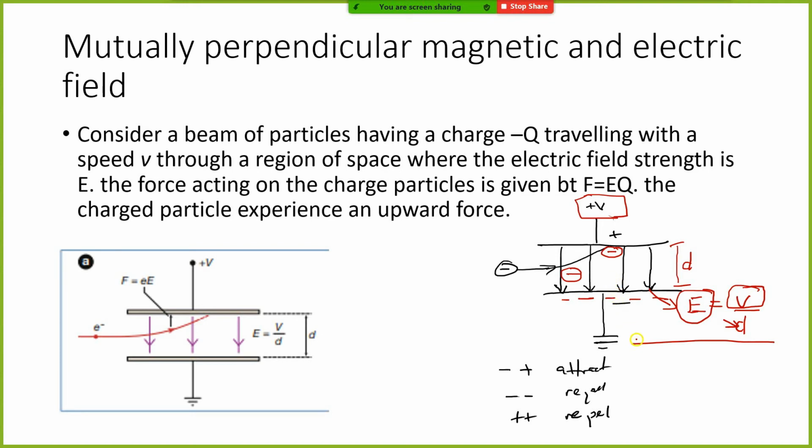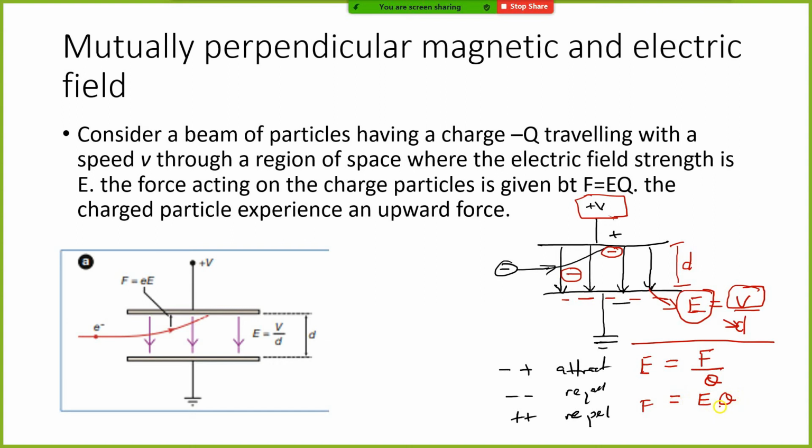If anybody remembers, electric field is the force experienced per unit charge. Having said all of that, I can transpose to find the force exerted on the electron. So my force on the electron would be equal to the electric field multiplied by the charge of the electron.